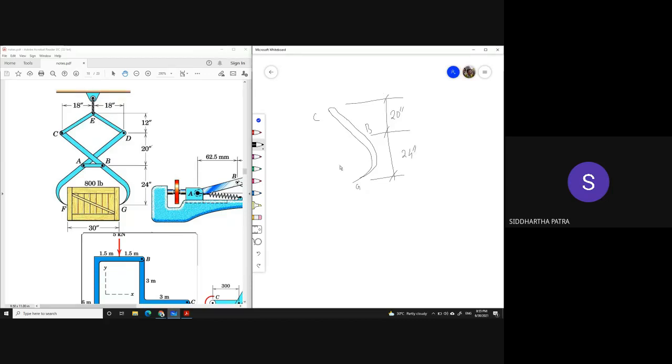The reaction at C would be directed towards E, and that point is at a height of 12 inches and a horizontal distance of 18 inches, which basically gives you the direction of C. Of course, the force at B is horizontal.